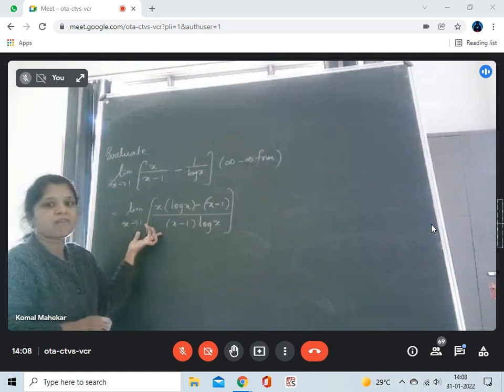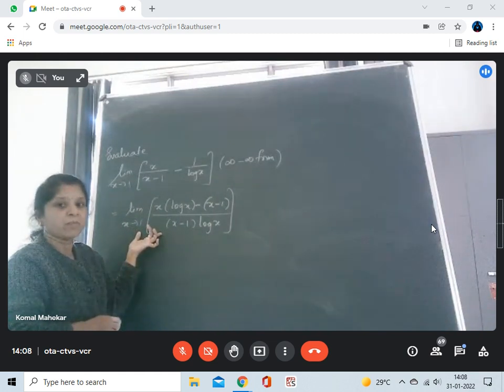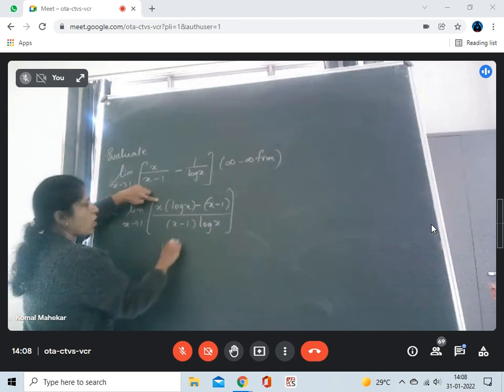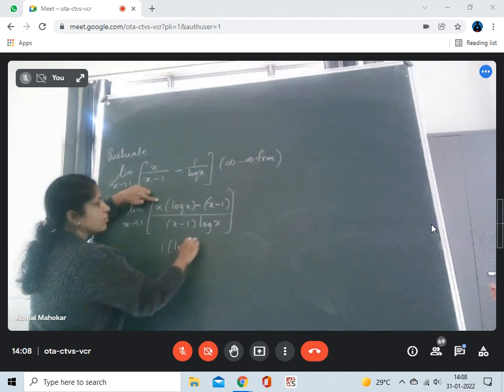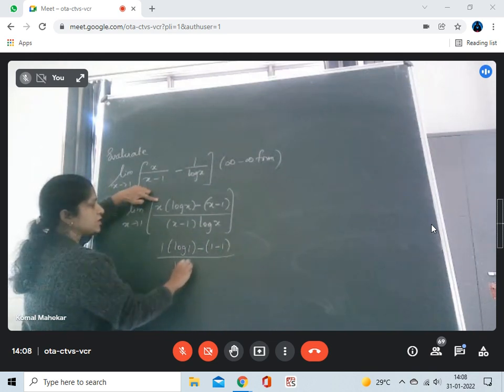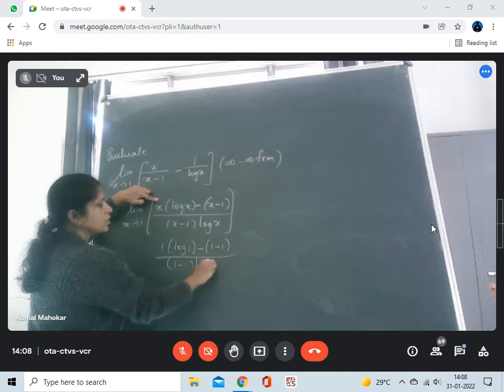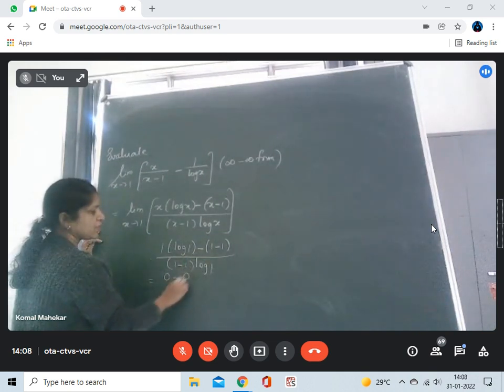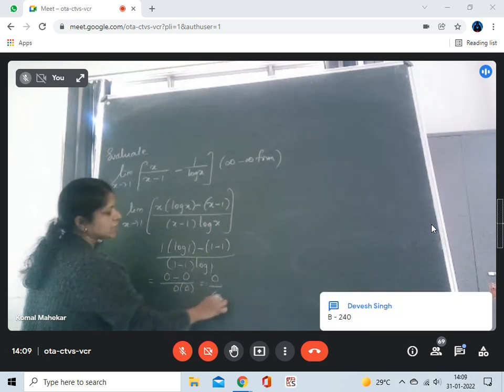Now if you apply the limit 1 into log of 1 minus 1 plus 1 divided by 1 minus 1 into log of 1, see the form: log 1 is 0, the numerator is 0, 1 minus 1 is 0, log 1 is 0. So 0 by 0.